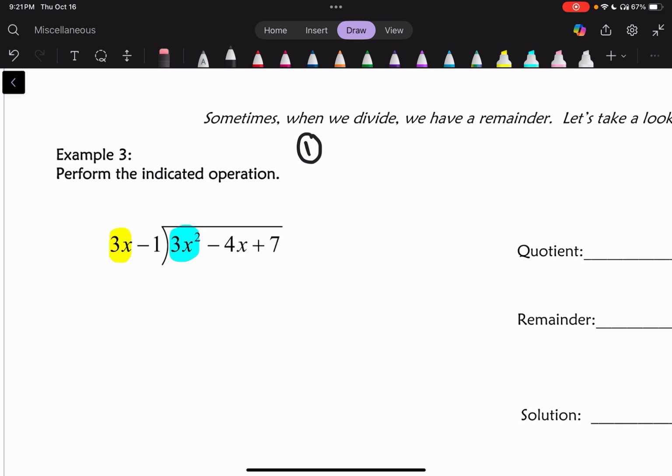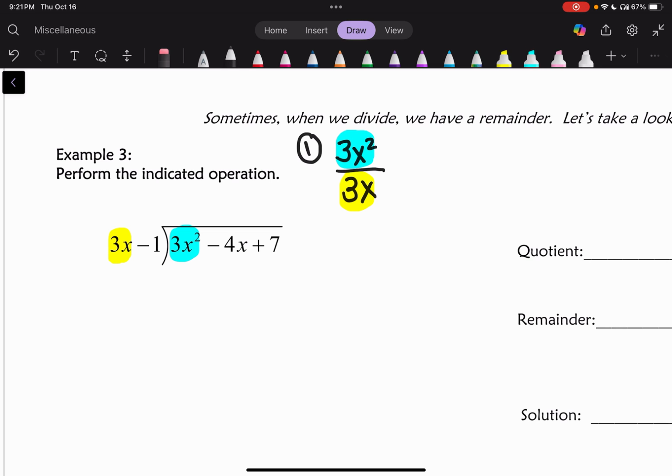So we have 3x squared divided by 3x, and I'm going to highlight some numbers so you can see where they're coming from. That 3x came from right here, and this 3x squared came from right here, from underneath the house, as Ms. G was saying yesterday.